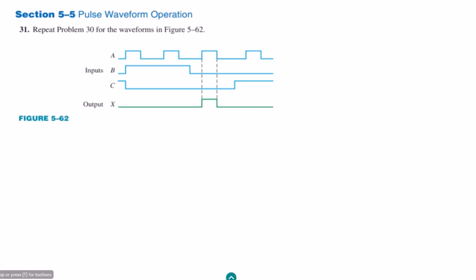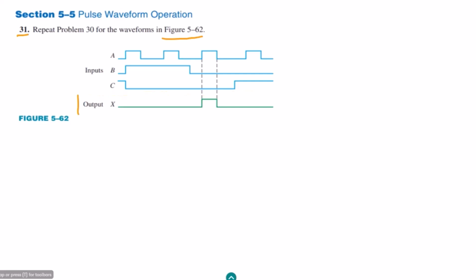This is again section 5.5, and we were discussing the pulse waveform operations. So this is question 31, and here we have to repeat problem 30 for the waveform in figure 5.62. So what was basically problem 30? In 30 we were given this output waveform, which is again here.